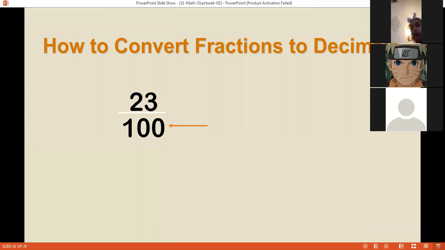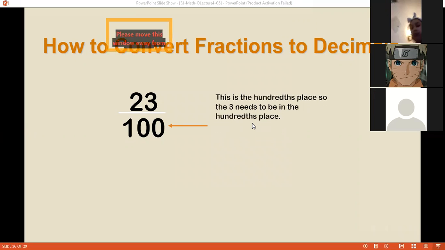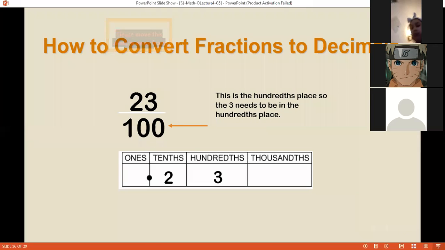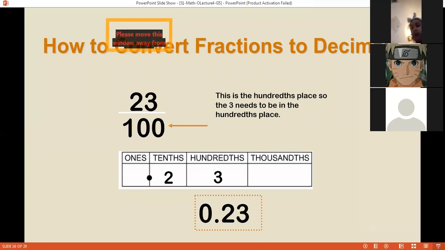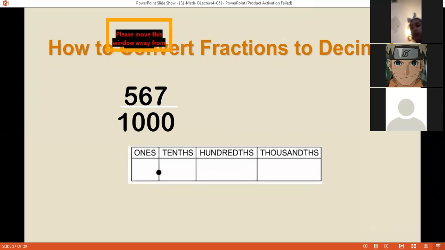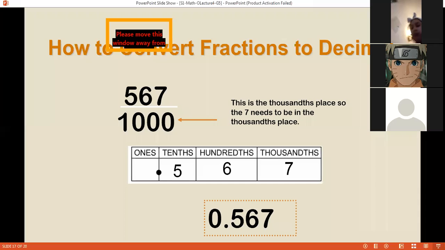It's 23 hundredths. So if I want to put it in a table, it's like this. 23 hundredths, so the number is 0.23. Is it clear till now? As you say it, you write it. This is 567 thousandths. So it's 0.567.